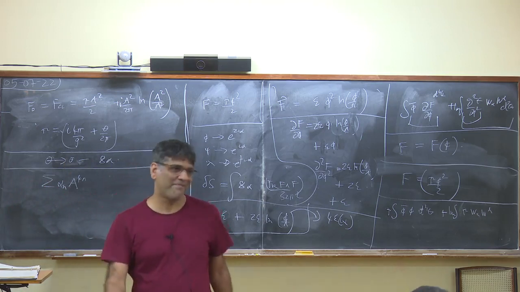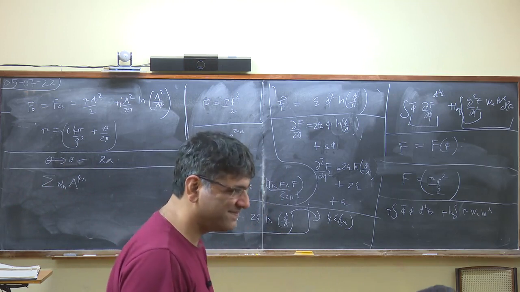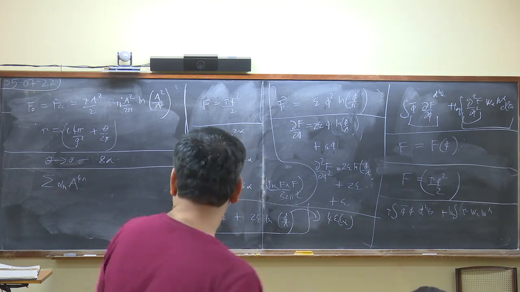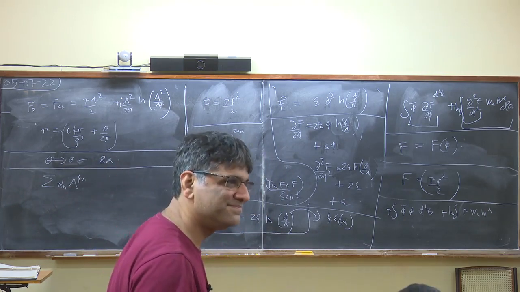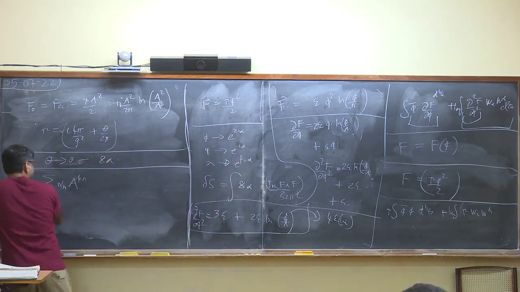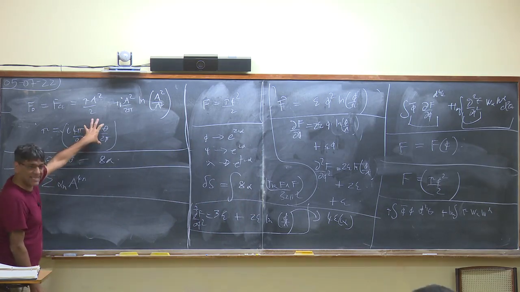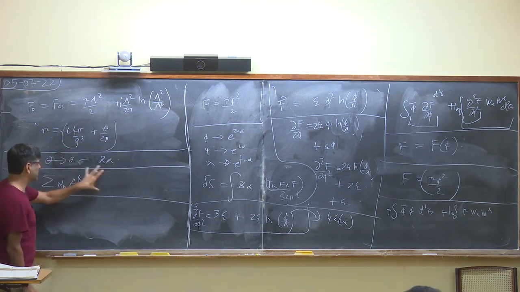This will do, because a has charge 2 under the Z8. So these will all be neutral. Under this Z8, this guy is invariant, but so would terms like this be.